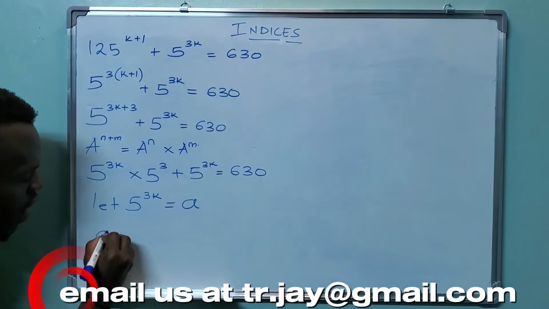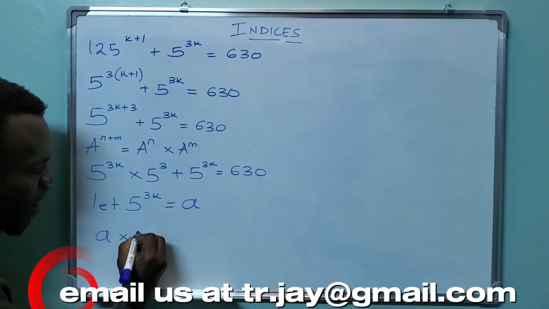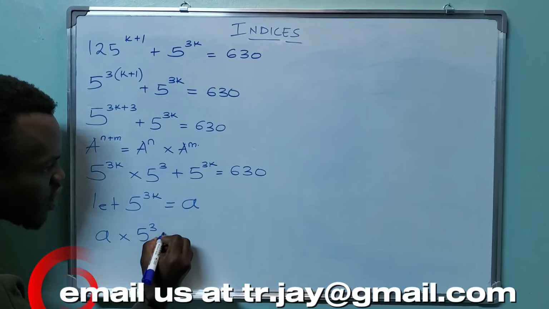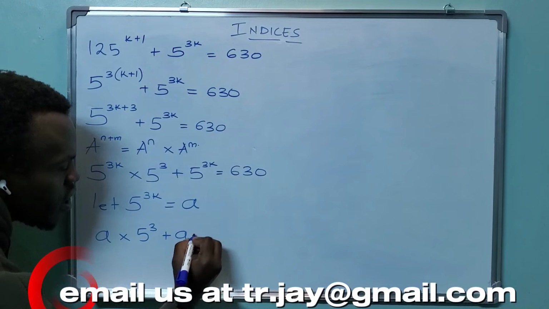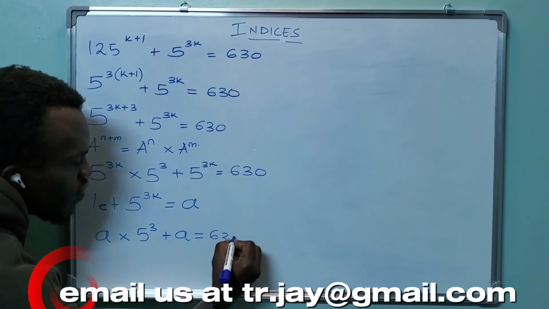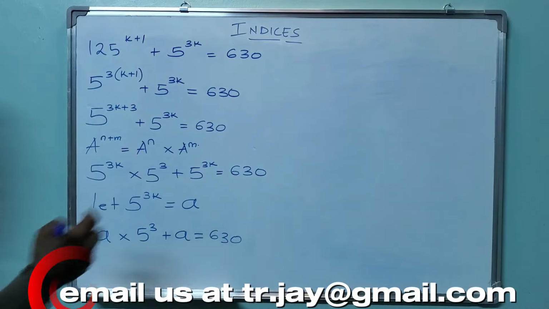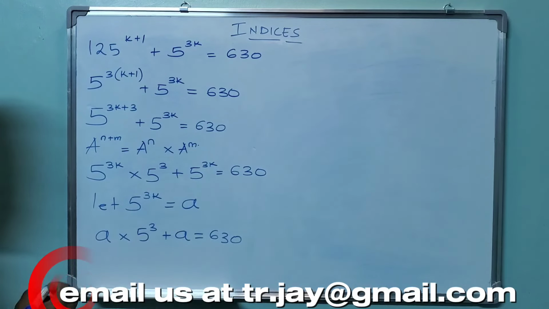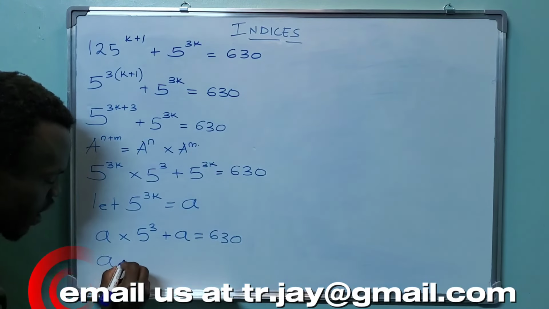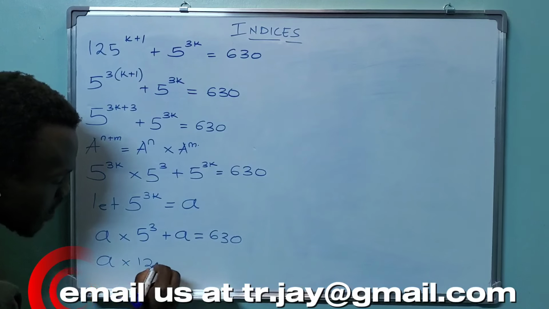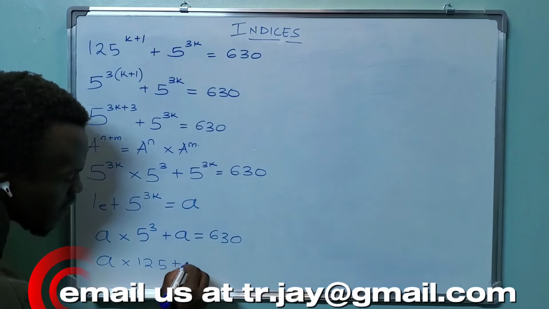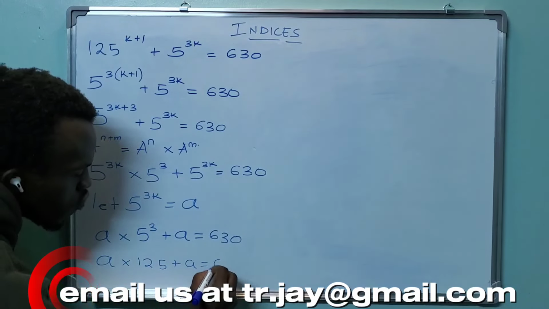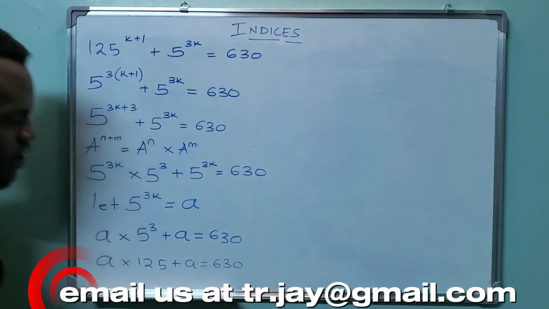So I'm going to have here a multiplied by 5 raised to power 3 plus a being equals to 630. Whereby 5 raised to power 3 is 125. So I'm going to have here a multiplied by 125 plus a to be equals to 630.